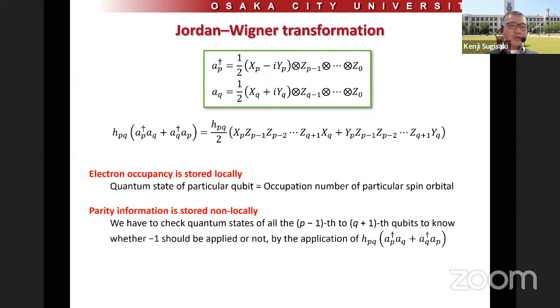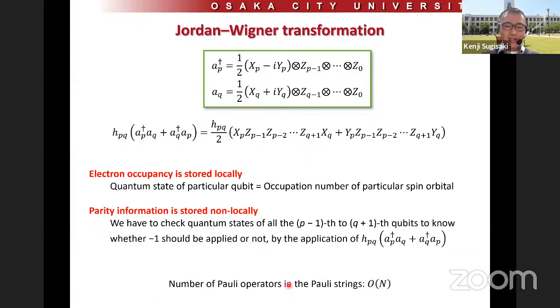It means we have to check the quantum states of all of the p minus 1 to q plus 1 qubits to know whether minus 1 should be applied or not by applying these Hamiltonian terms. So basically, if we apply the Jordan-Wigner transformation, the resultant operator has order n Pauli operators, where n is the number of qubits.